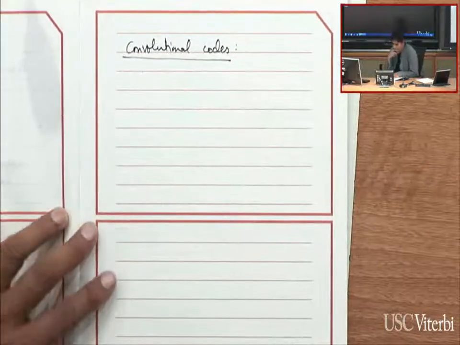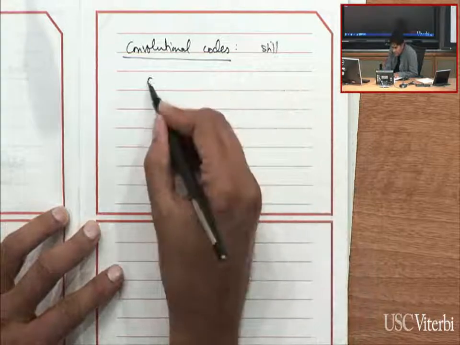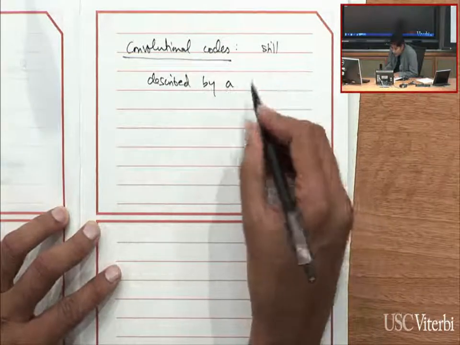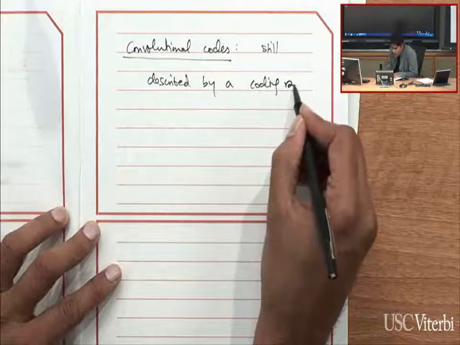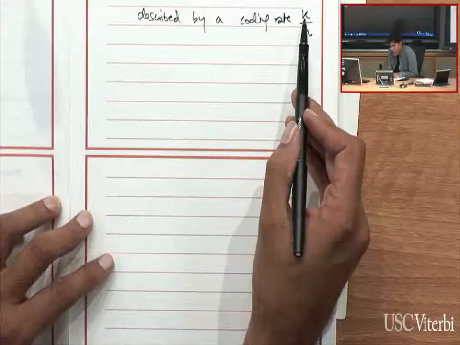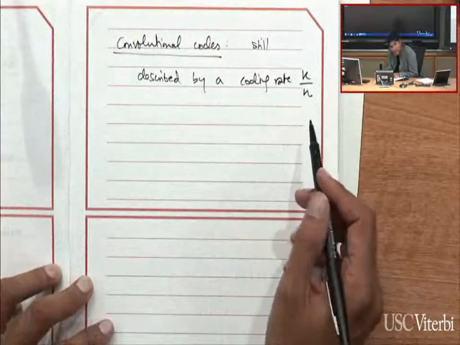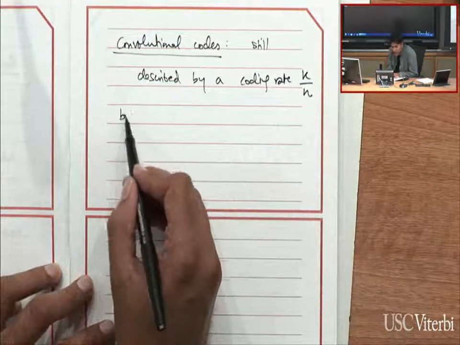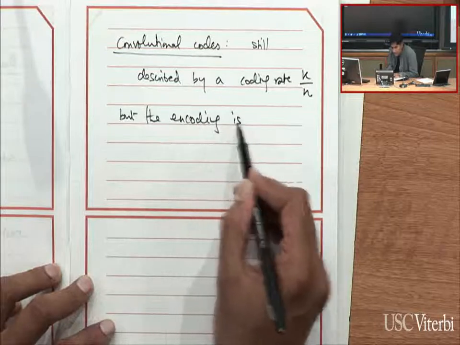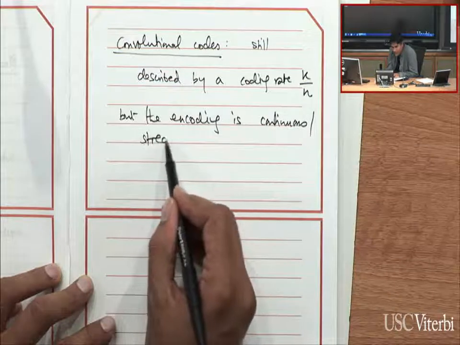It's still true that they're still described by a coding rate that's like k over n, in that every k bits of the original data generates n bits of encoded data at the output, but the encoding is continuous. Or stream-based.